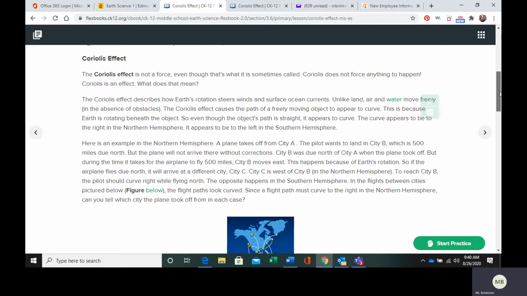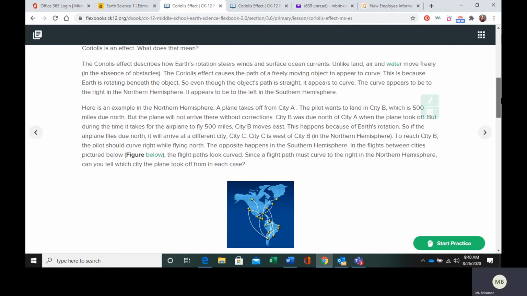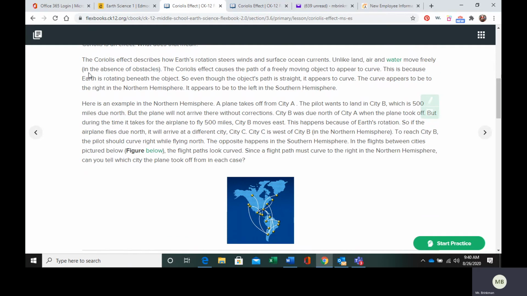So unlike land, air and water are going to flow. Of course, they'll flow in the absence of obstacles. But the Coriolis effect is going to cause these things to appear to curve. This is because the Earth is rotating underneath the wind and underneath the ocean current.